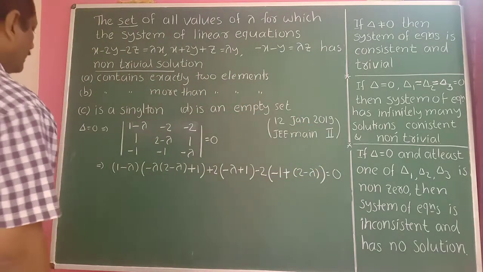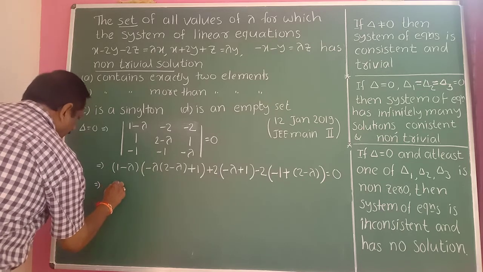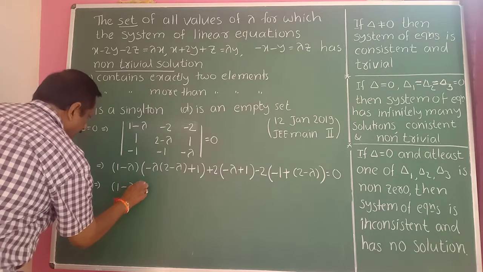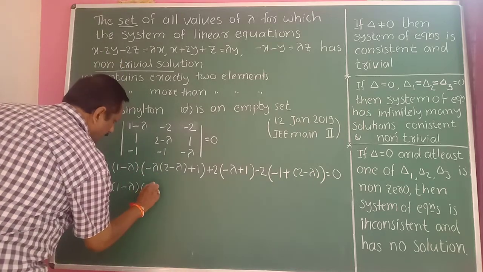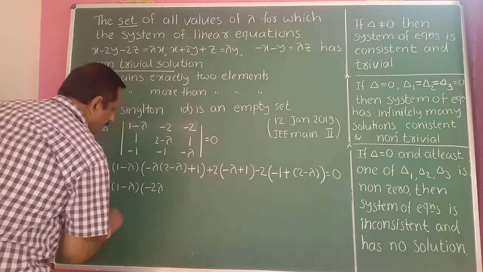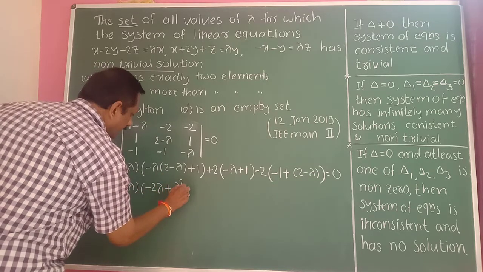So this implies 1 minus lambda, keep as it is, into bracket: minus lambda into 2 is minus 2 lambda, minus into minus becomes plus lambda square, plus 1.